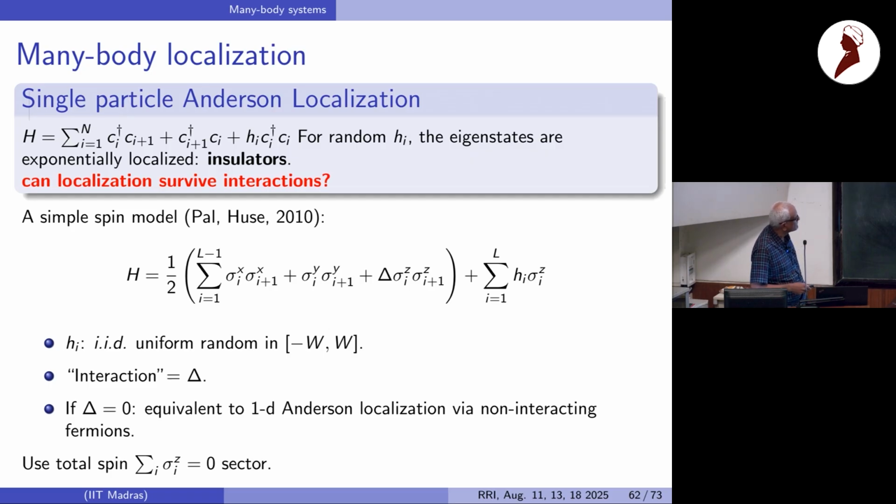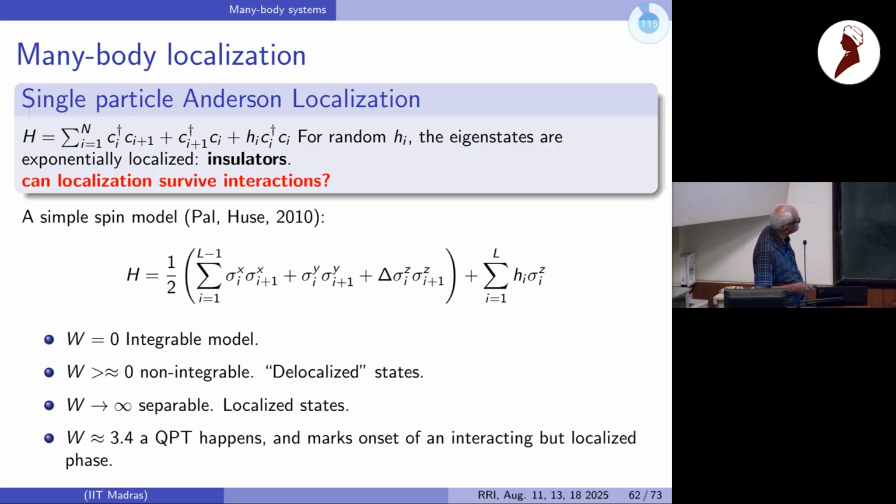But this disorder is breaking the integrability of this point, and you will see again a transition from an integrable model when there is no disorder, W equal to 0, where W is the disorder strength here, to something which is non-integrable for W large but not very large. But as W tends towards infinity, it becomes purely a model in which the disorder is dominating, and then it gets localized into these many-body localized states.